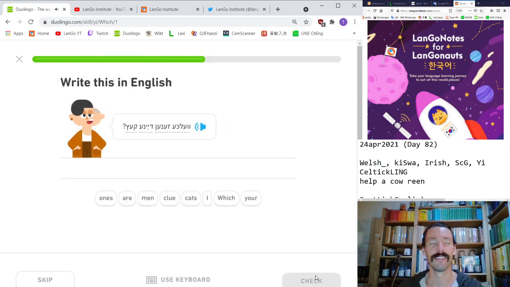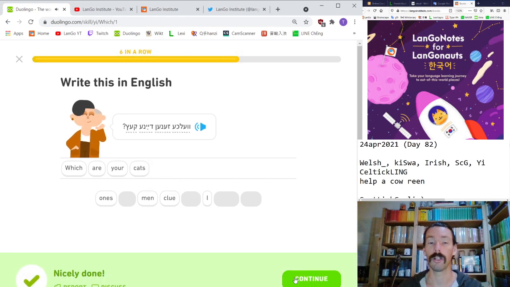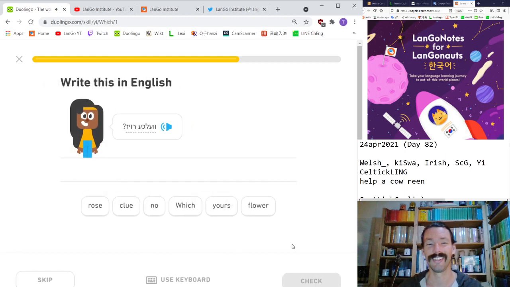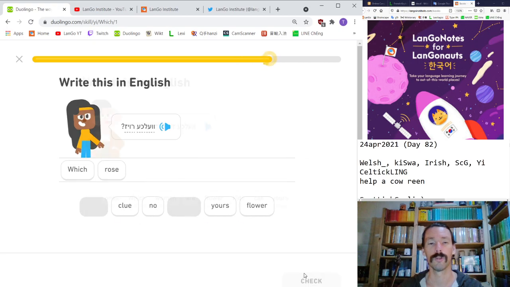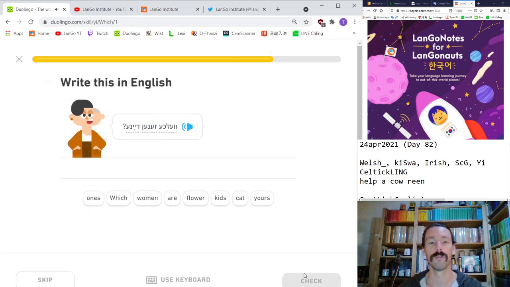Welche sind deine cats? Which cats are yours? Which are your cats? Which cats are your cats? So this is kind of a gapped noun there. Your cats. Welke roos? Rose. Which rose? Which are yours?